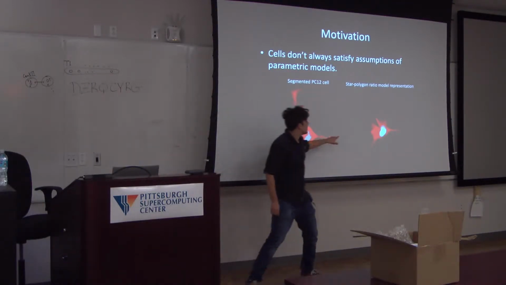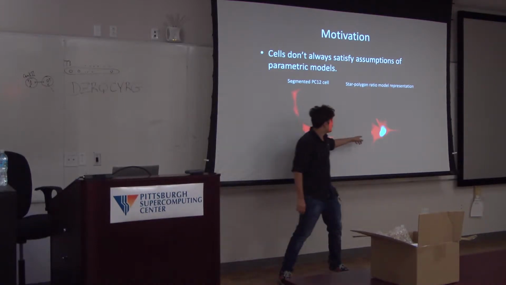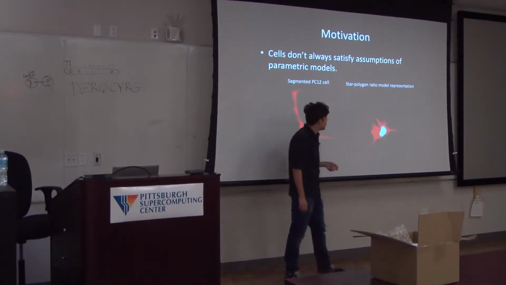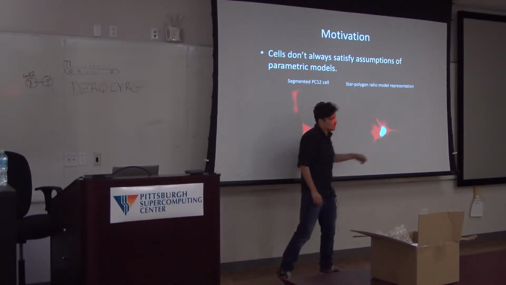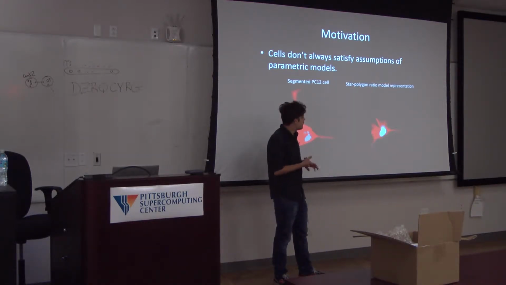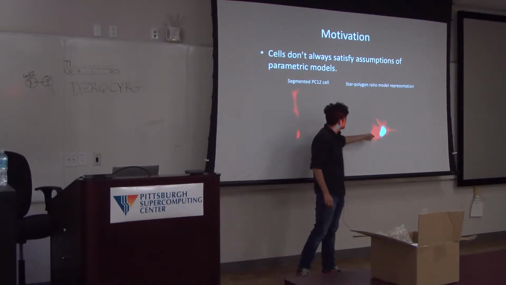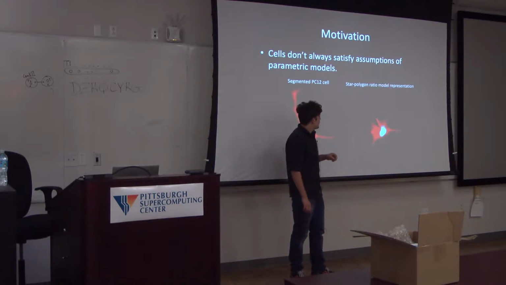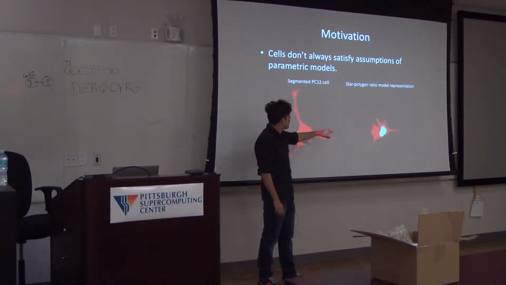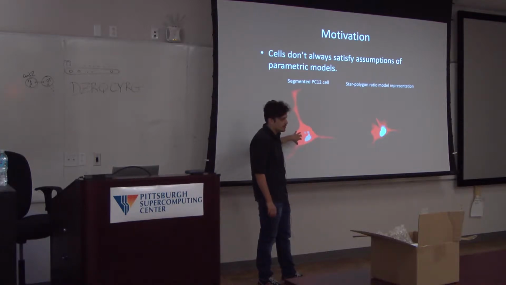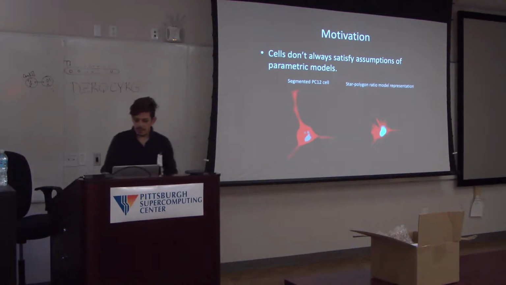Using the original Cell Organizer model, where we have a nucleus that's described as a spline, and then a cell shape that's described as a ratio between the center of the nucleus and the nuclear boundary, and then the cell boundary, you cannot get these non-star polygon shapes that are typical of neurons.